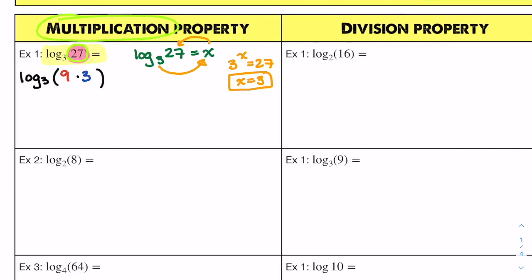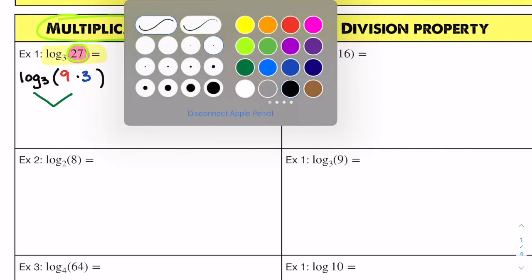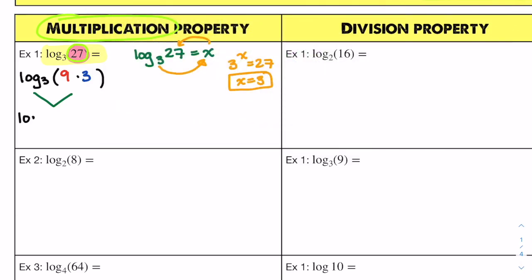And I want you to realize that we could actually split this into 2 logs. So we can split this into log base 3 of 9 and log base 3 of 3. I'm going to keep the colors just so that you can separate them in your mind.